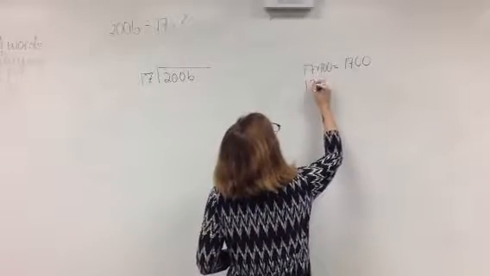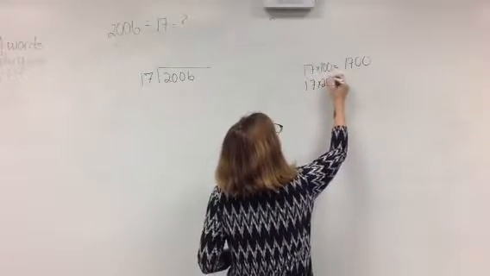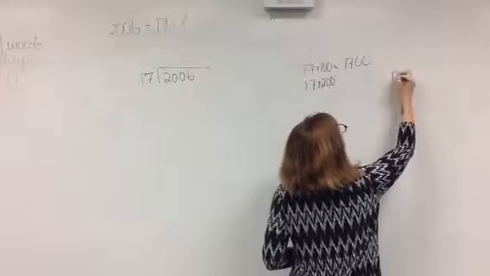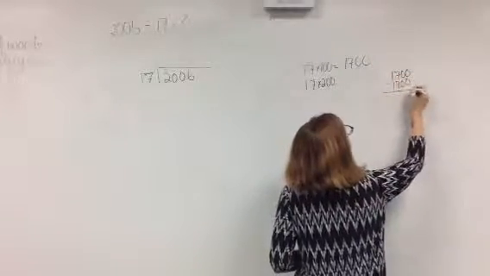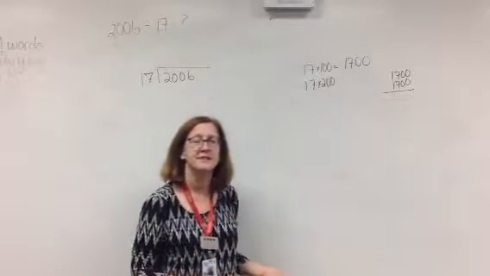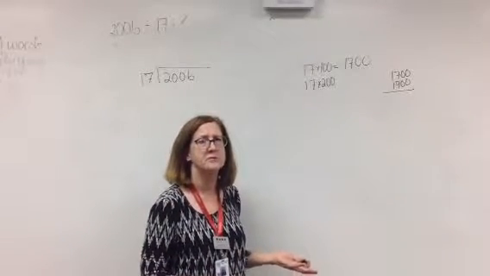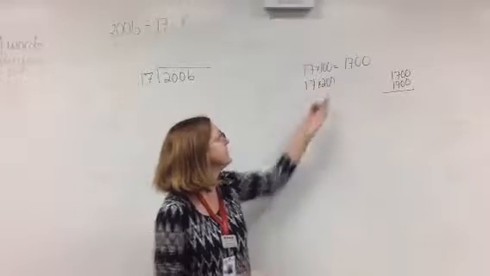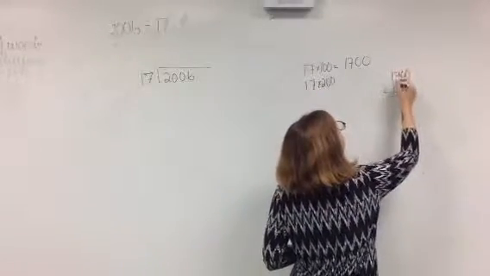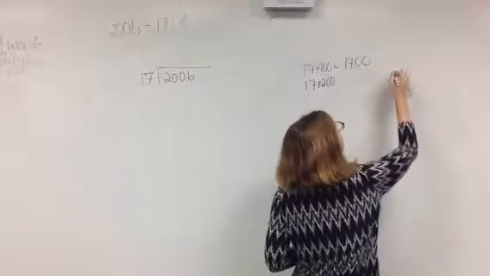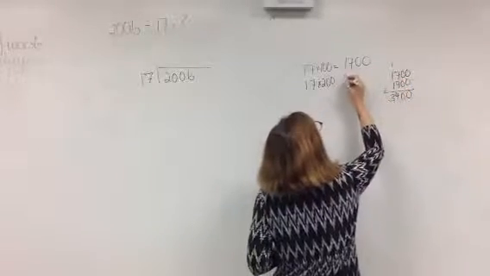So 17 times 200. I'm just going to add 1,700 plus 1,700 because that's the same thing as multiplying 17 by 200. So 1,700 plus 1,700, that's 14. Regroup the 1, that's 3,400.